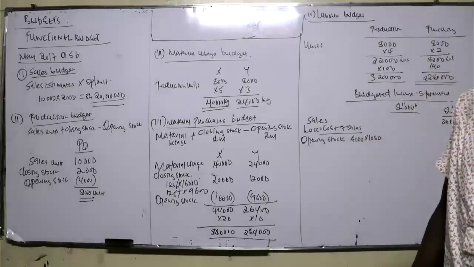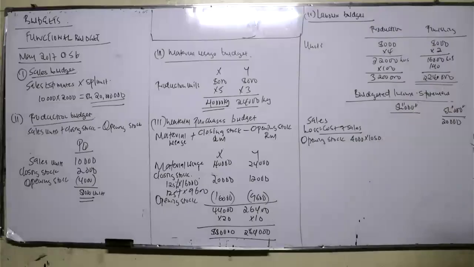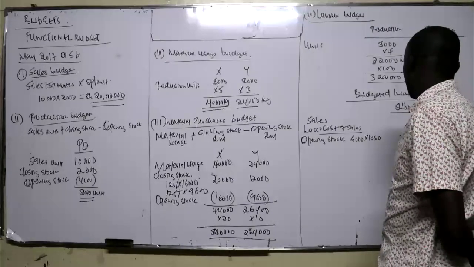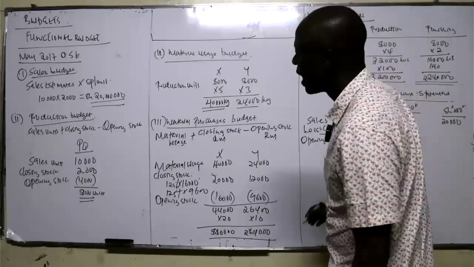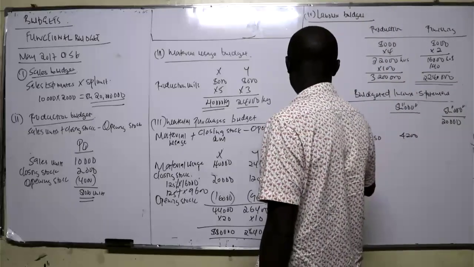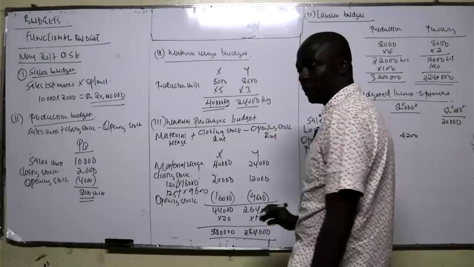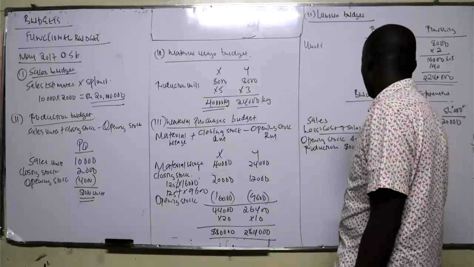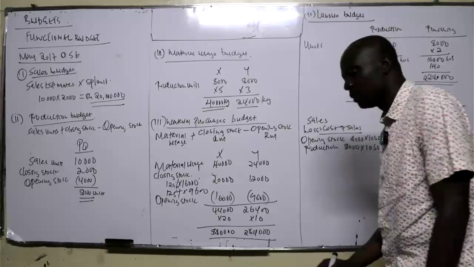Sindio? So this is a manufacturing firm. You add production, whatever it is that they produce. So they produce 8,000 units, isn't it? You convert them into money using the same unit, 1050.